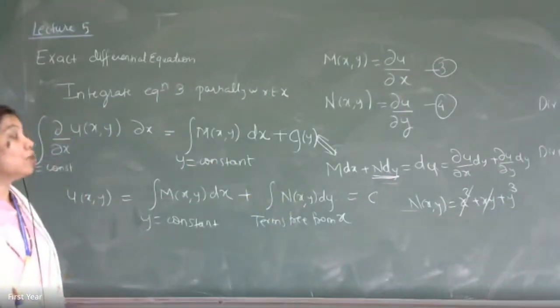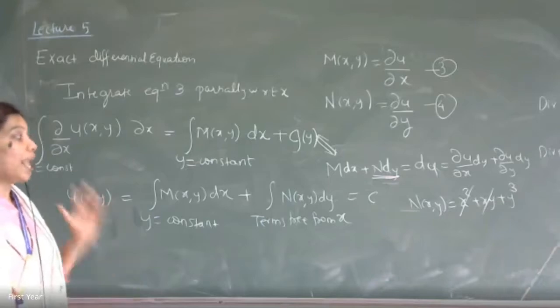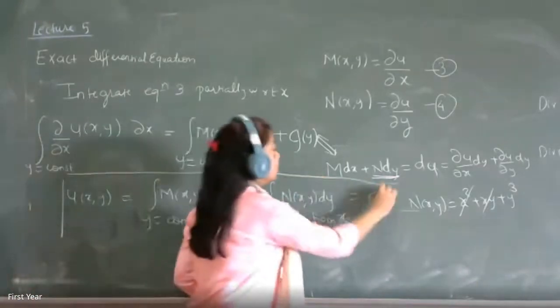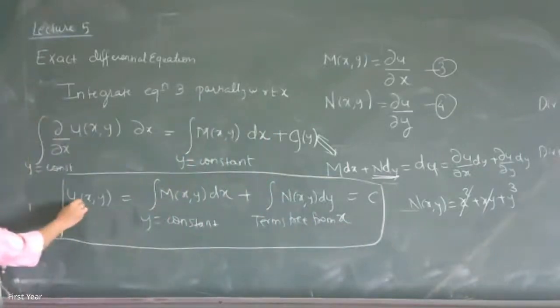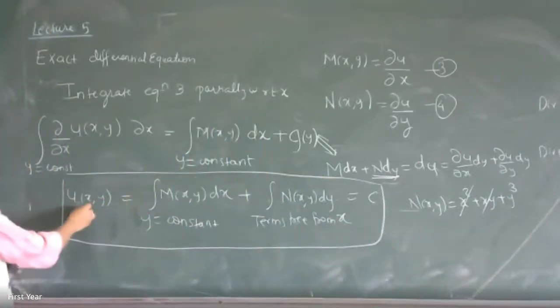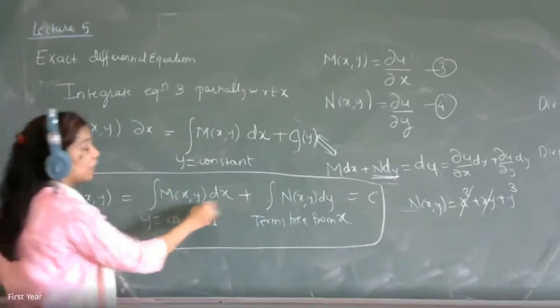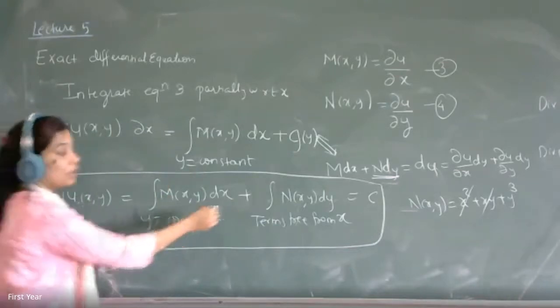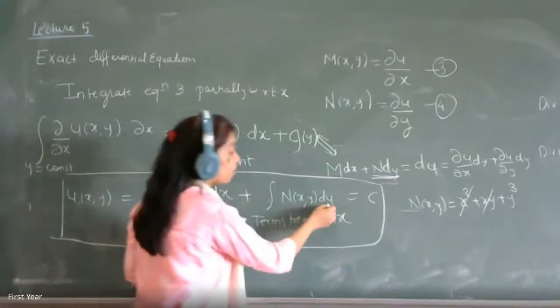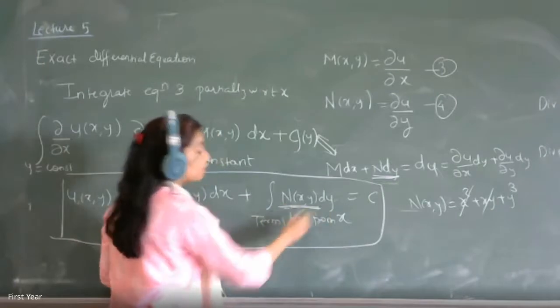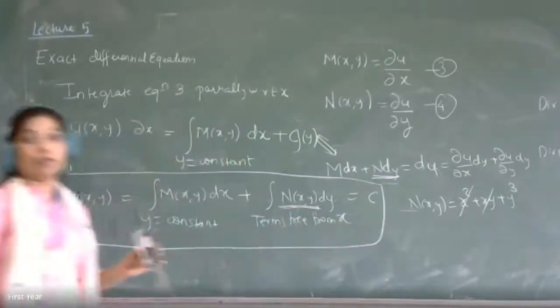And therefore, your general solution for the exact differential equation is the function u(x, y) equal to c, which is obtained by integrating M(x, y) dx, taking y as constant, plus integration of N(x, y) dy, removing the terms of x from N, is equal to c. Is it okay?